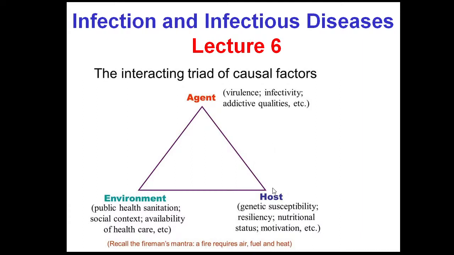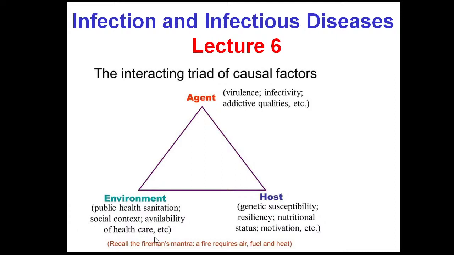Then the factors connected with the quality of the host: genetic susceptibility to particular diseases, nutritional status, motivation, resiliency, and so on. And also the factors connected with environmental features: public health, sanitation, which is a rather social feature than biological, right? Social context, availability of health care, the level of health care, and so on.